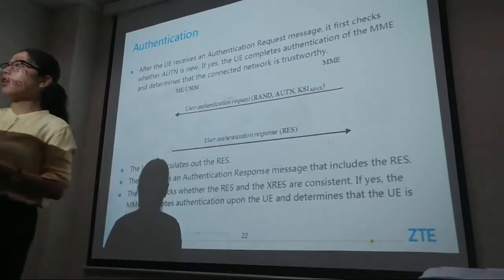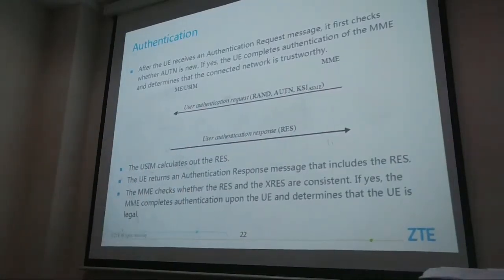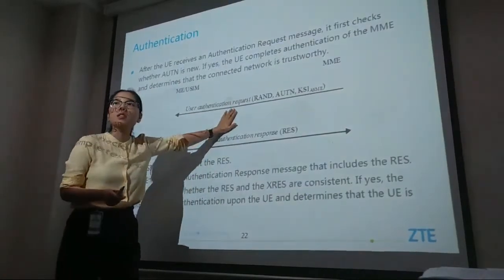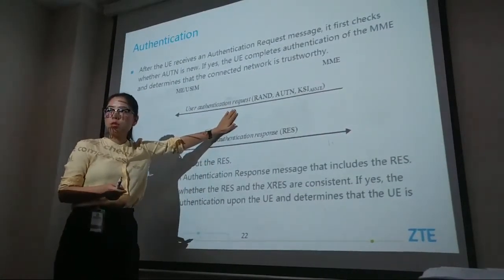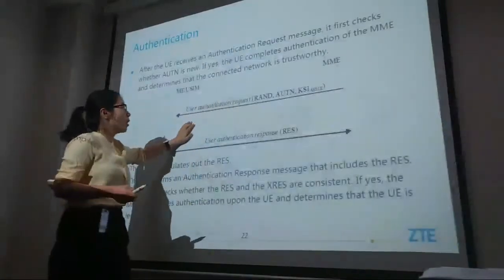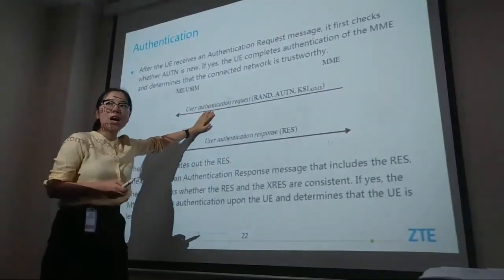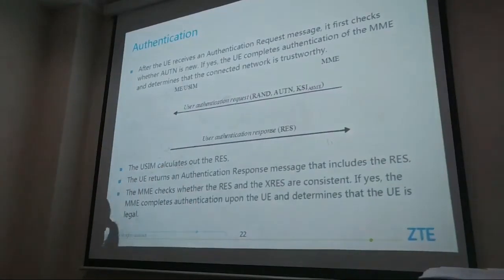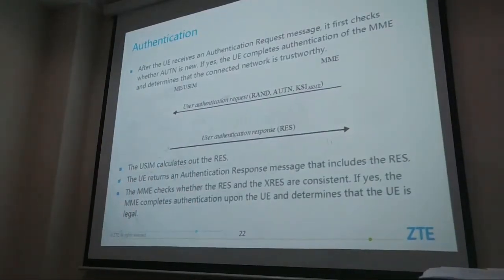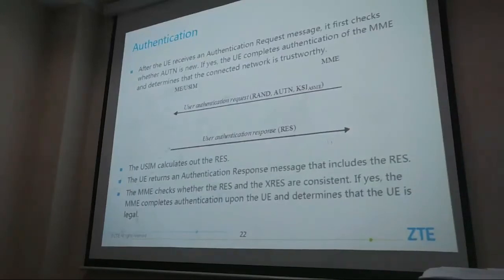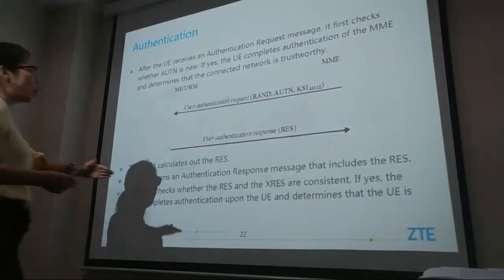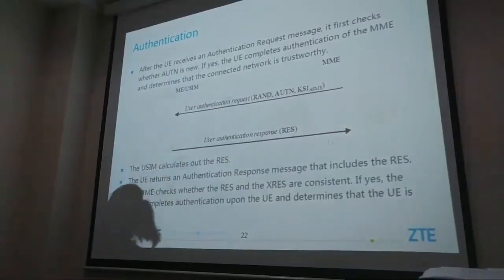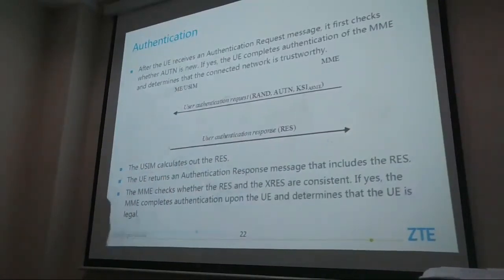So this is the signaling you traced on the air interface, and this is what we decoded. The real message is this one, the user authentication request. But when you see it in the trace, it is the downlink info transport and the downlink info transfer. And when the UE reports the user authentication response, actually it is the uplink info transfer and uplink info transport.